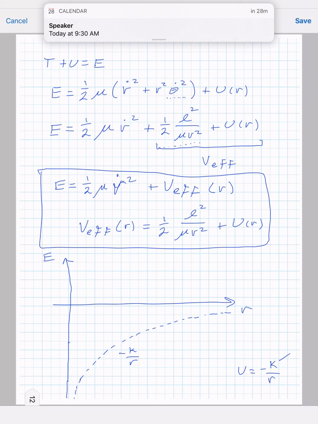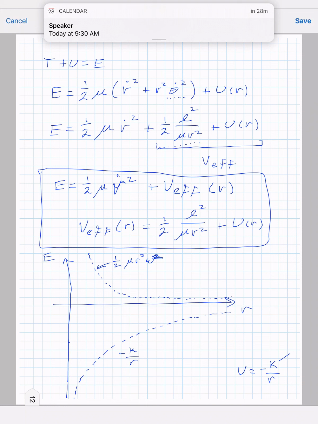So this is actually going to be a little bit closer to 0 because it's an r squared, and then it's going to go zooming up as r gets small. And so this curve here is 1/2 mu r squared omega squared. I'm actually writing this in a slightly different form, but you'll recognize that this is rewriting the angular momentum in terms of omega. Okay, so that's omega squared.